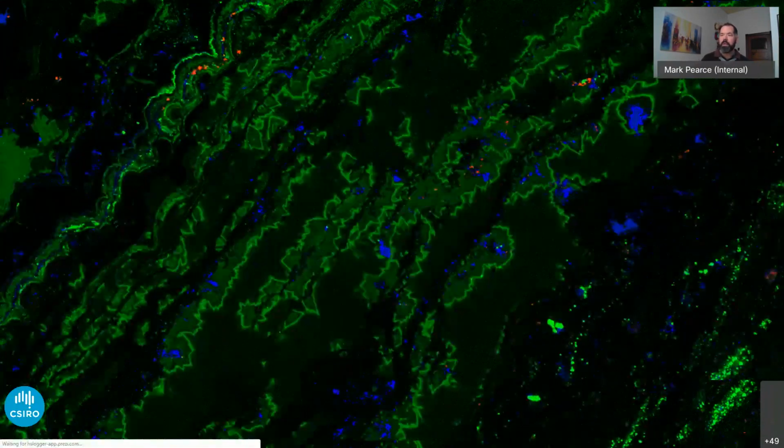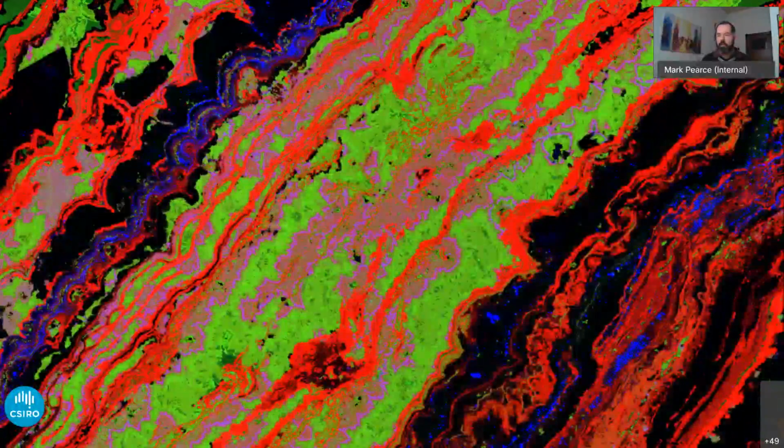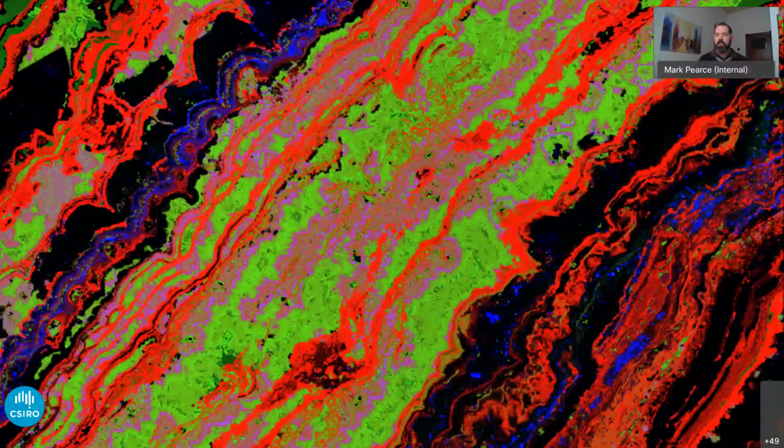If we look at the same area but change the elements in the image, we now have iron in red, manganese in green, and zinc in blue, and we can see it looks very different. We can still see the coliform structures, and the blue of the zinc is picking out these coliform structures here.